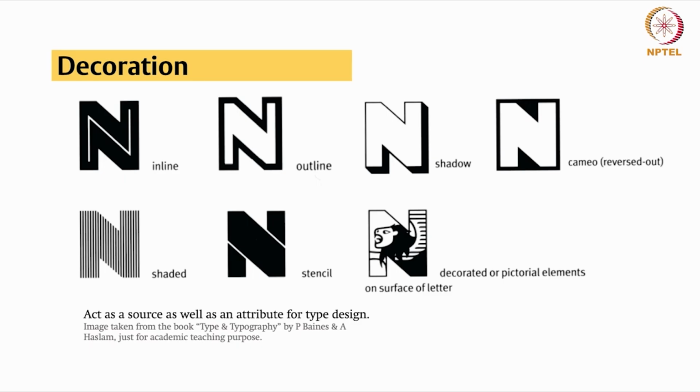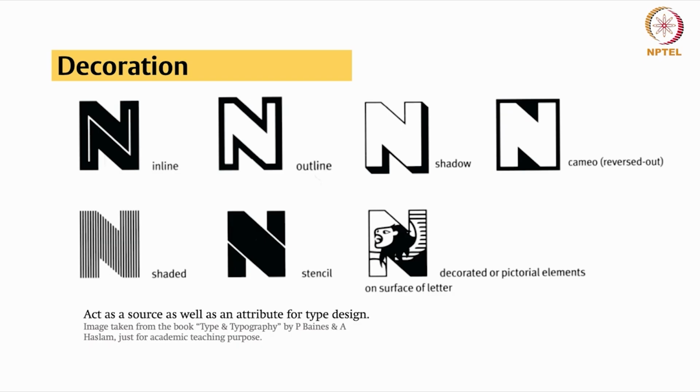Once you have decoration, it also creates a very powerful impact on the user or viewer who is looking at it. In many cases, for example, if you go back to the wood type timeline, the early period during the industrial revolution, when text was the only medium to communicate with a mass audience through pamphlets or posters, you will find a lot of wood typefaces with a lot of decoration.